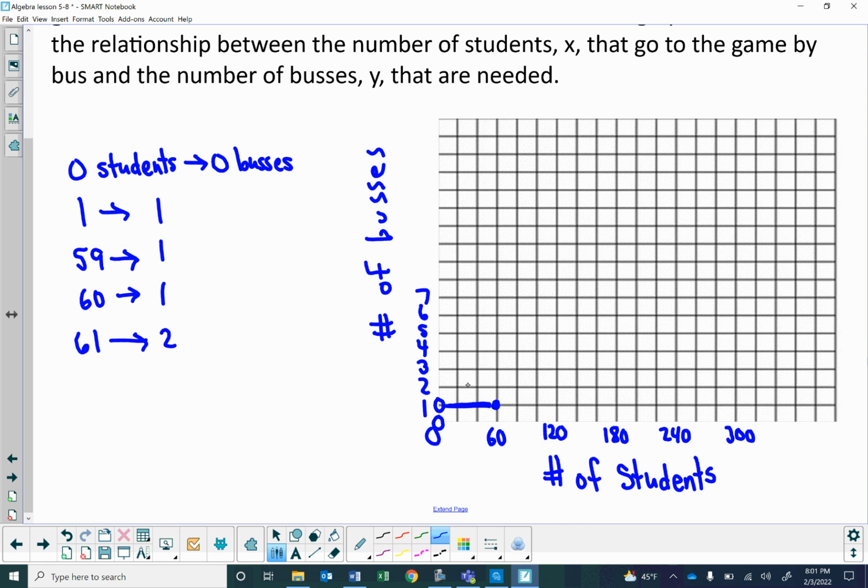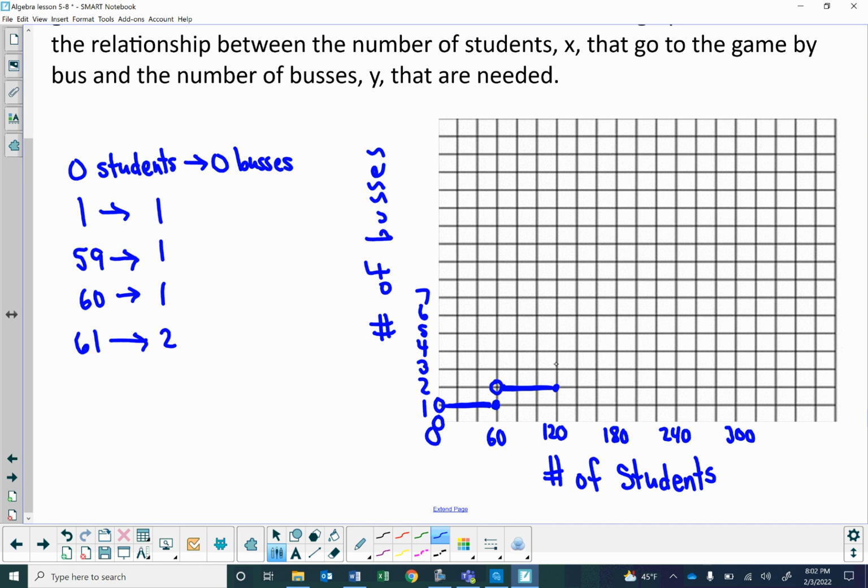Now, let's say I have 65 students. Then I'm going to need a second bus. The 60th student goes on the first bus, so this is open. And I'm going to need that second bus all the way till I hit 120 students. That one's closed. And again, we draw a line that connects those. If I have 120 students, I only need 2 buses. If I have 121 students, all of a sudden I need a third bus.